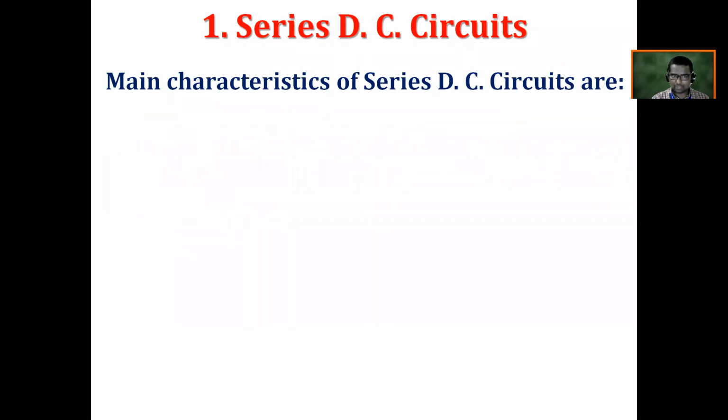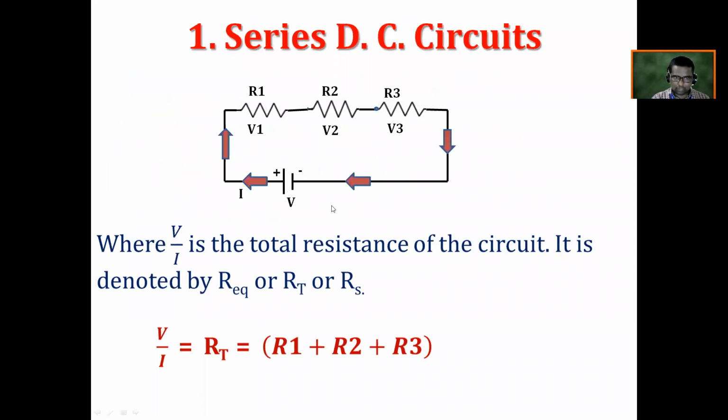Here we have considered these three resistances in series. That's why our formula for total resistance is R1 plus R2 plus R3. But what is this? This is the energy source. This is also one electrical element, and every electrical element has its own internal resistance.